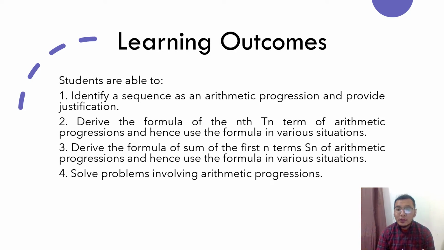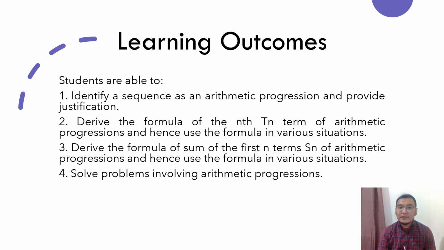Before we go deeper about this topic, these are the learning outcomes that you will get when you have finished this subtopic. The first one is students are able to identify a sequence as an arithmetic progression and provide justification.